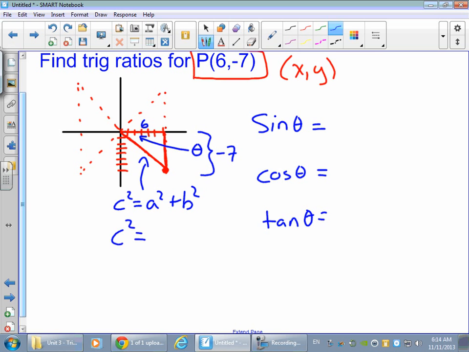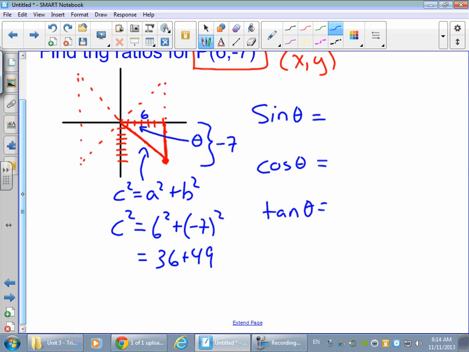So c squared will be the 6 squared plus the negative 7 squared, which is 36 plus 49, which is 85. And so my c value will be root 85.